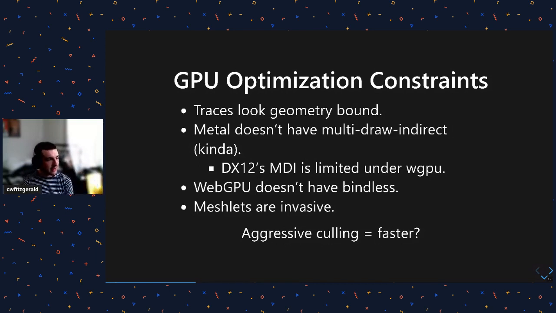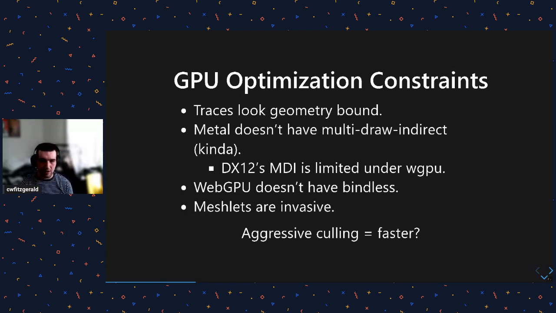So if we look at the actual performance traces, they look GPU bound. Sorry, one second. There we go. They look geometry bound, and some additional constraints here. Metal, I talked about this at the previous talk. We used multi-draw indirect to do all of our GPU-based culling, to draw the results of all the culling.